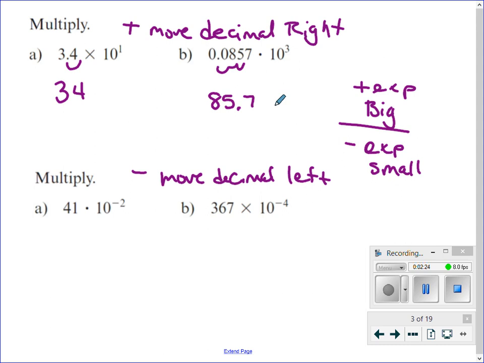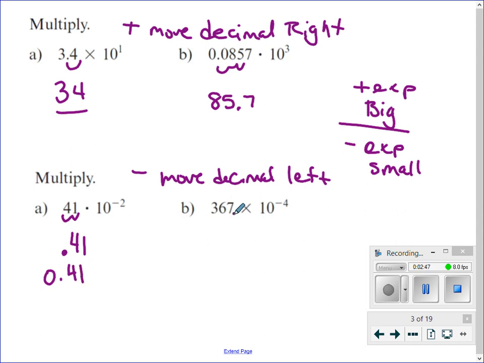This is only to write the number in standard form, to go from base 10 to standard form. So this one, the decimal place is right here, 41 point. We're going to move it left 2, so we go 1, 2, and this is equivalent to 0.41. Now 0.41 you could write like that, or you could put this 0. Both of these are exactly the same.